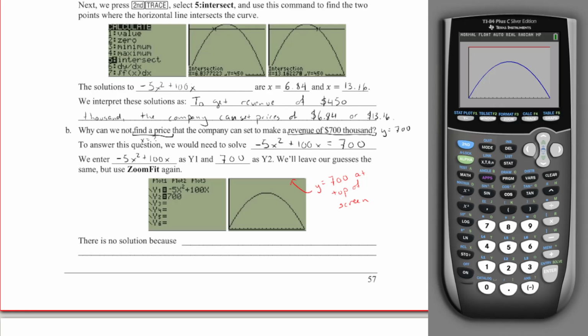There's no solution because 700 is more than the maximum value of the function.